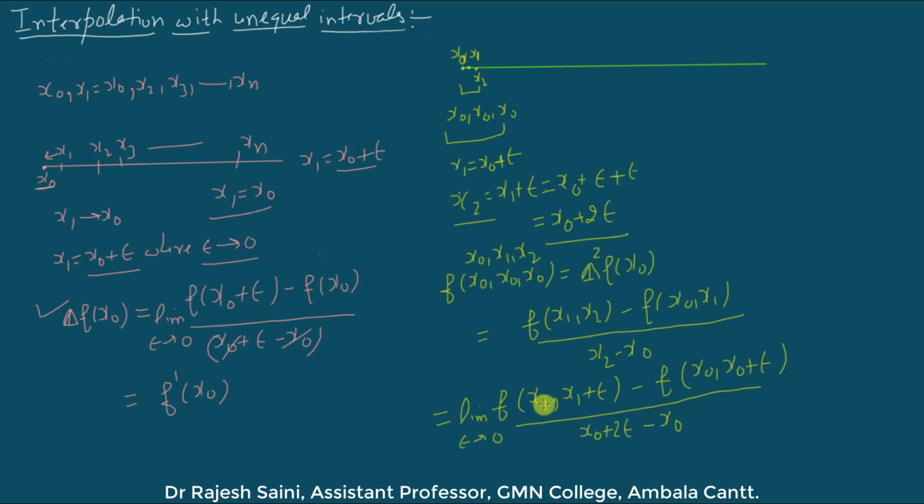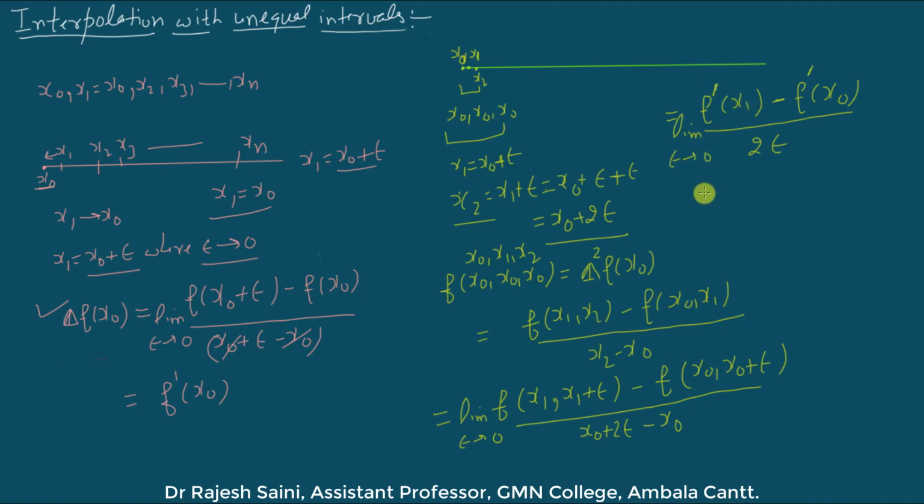When this is applied, the first argument is x1, so this will be equal to f dash x1 minus f dash of the first argument, f dash x naught, divided by 2 epsilon, with epsilon approaching 0.